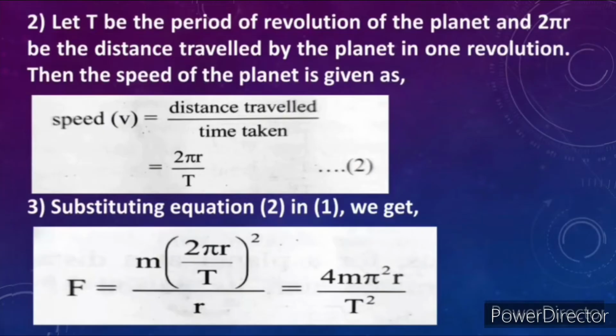Then the speed of the planet is v = distance travelled/time taken = 2πr/T. Equation 2. 3. Substituting equation 2 in equation 1, we get F = m(2πr/T)²/r = 4mπ²r/T².